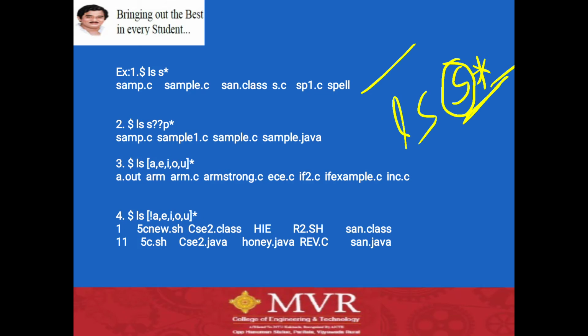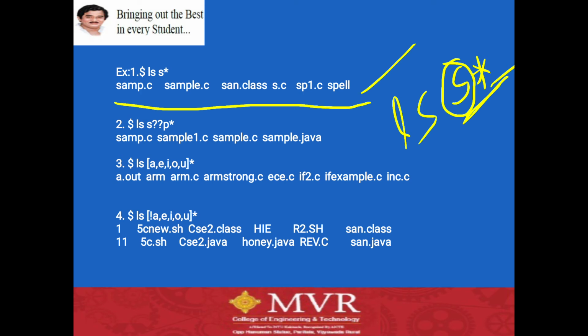The file may contain 2, 3, 5, or 50 characters, whatever it may be, but we only look for files having s as the starting letter followed by anything.